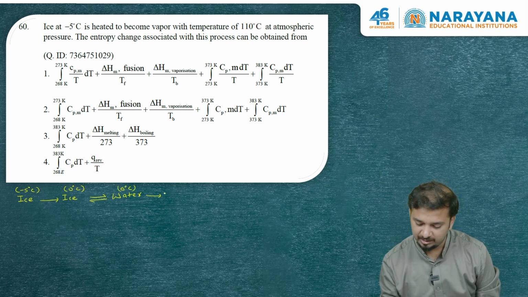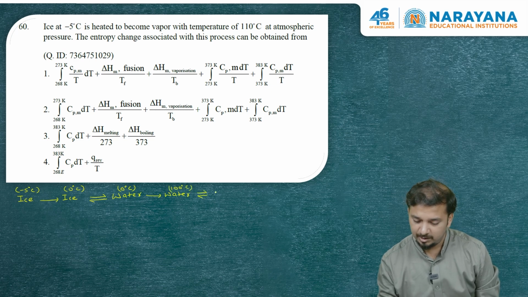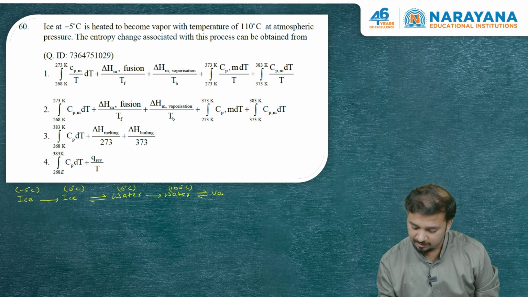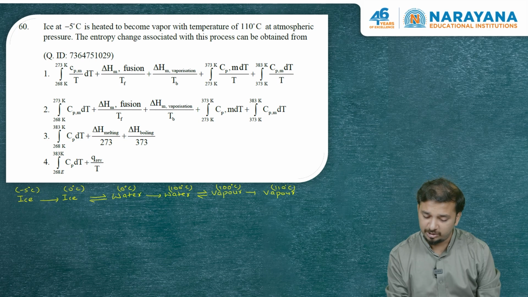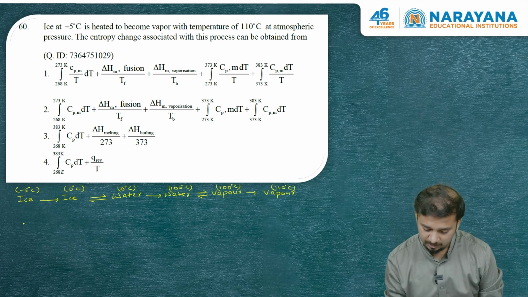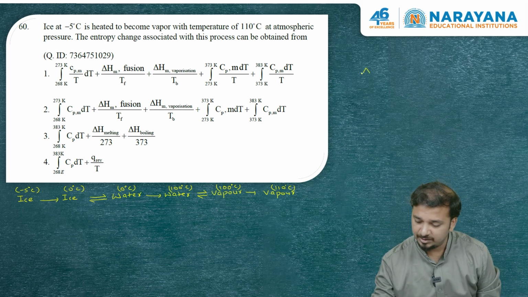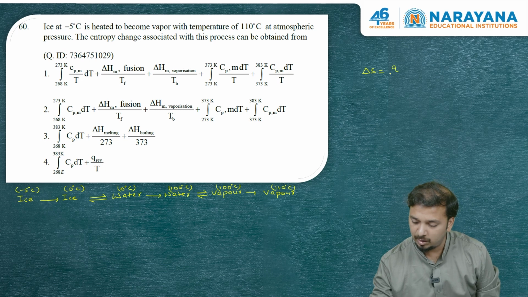After that we'll increase the temperature of water to 100 degrees centigrade. Then again there is equilibrium between water and vapor at 100 degrees centigrade, and then we'll increase the temperature of vapor to 110 degrees centigrade. So we have to check what the total entropy change in this process is. First, we know that delta S is equal to Q upon T.